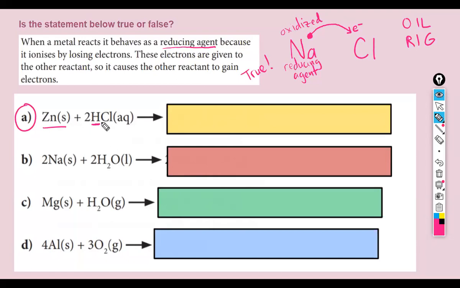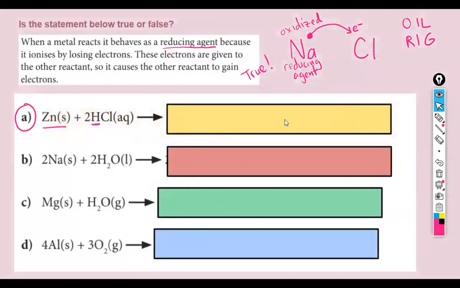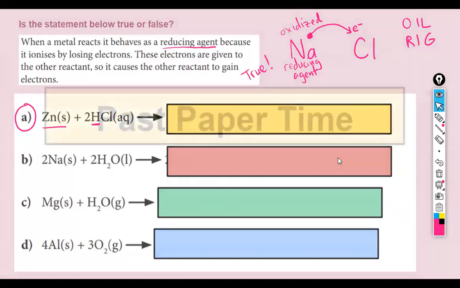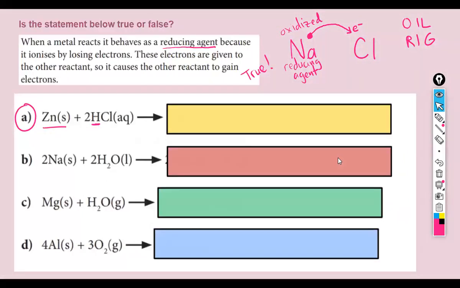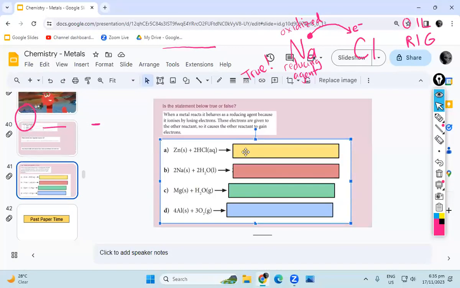Zinc is higher than hydrogen. So if those two were to come together... the answers were supposed to be below those things, but they're not. I'm not too sure why. All right, one second.